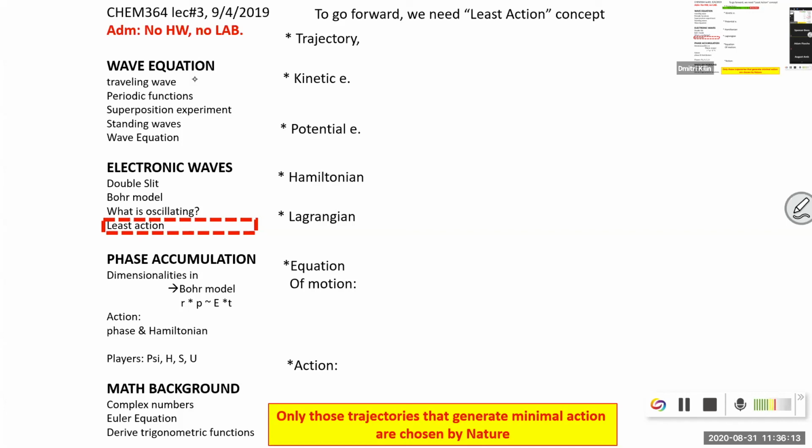So one of the concepts is trajectory, which is just position over time, right? You can write x of t. Another is kinetic energy, which is 1/2 mv squared.